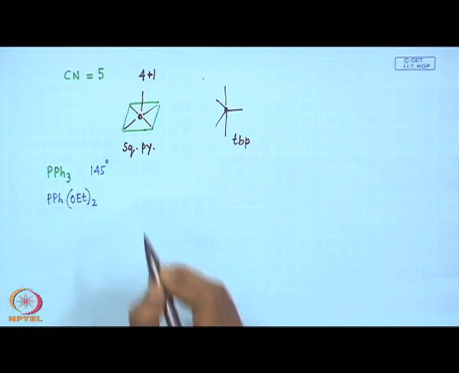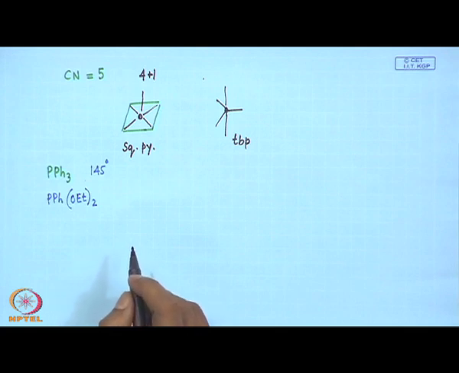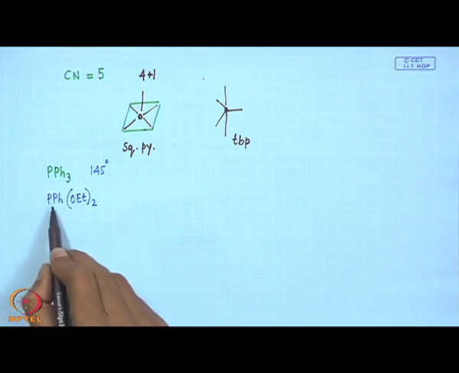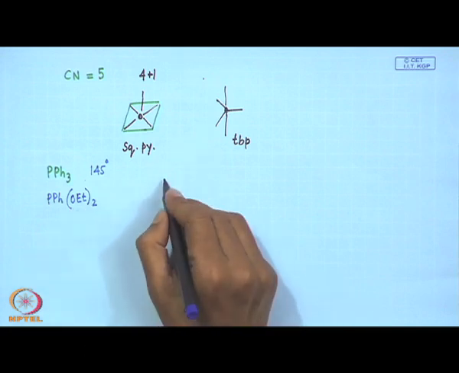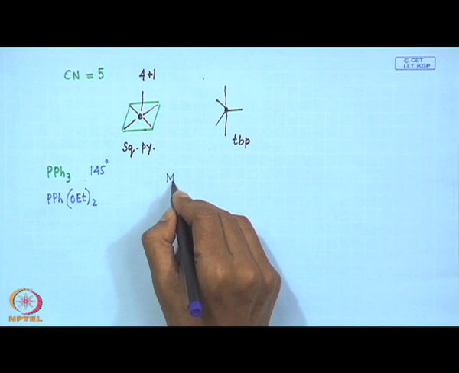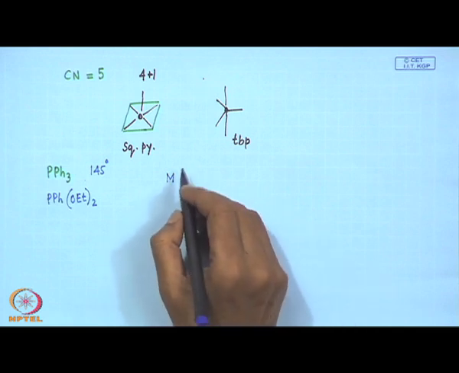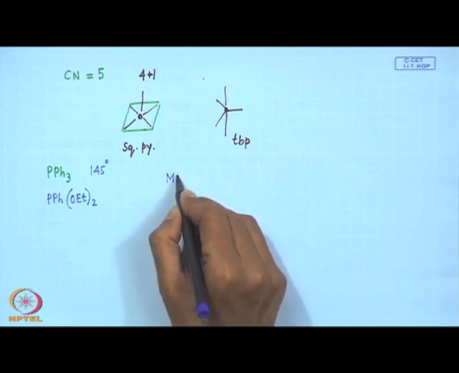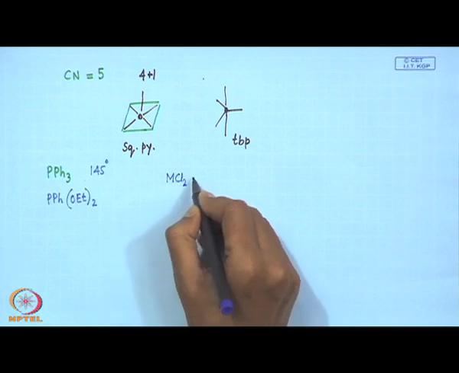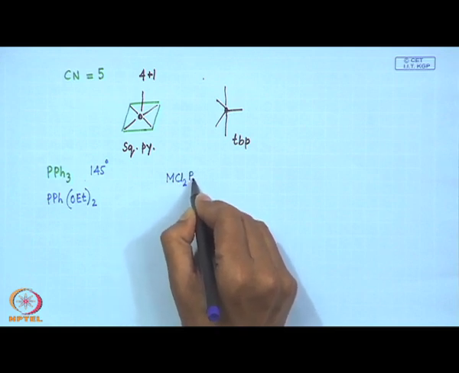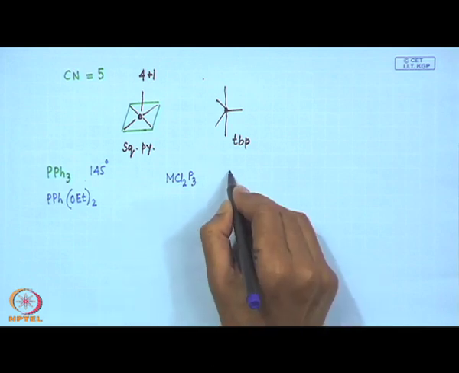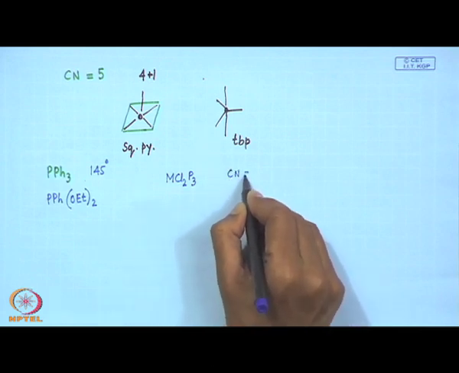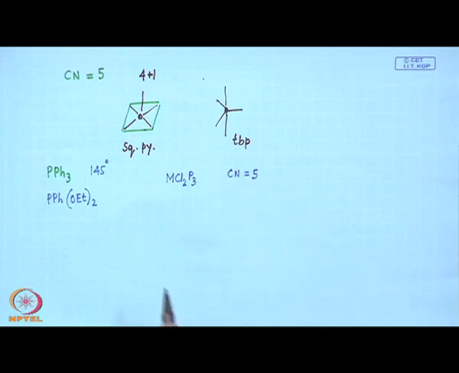So, this is also another triphenyl phosphine with 2 phosphine groups substituted by OEt molecule. So, any molecule of this type, MCl2P3, will have a coordination number of 5.